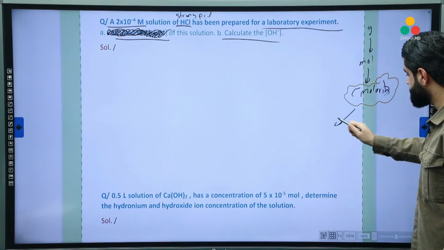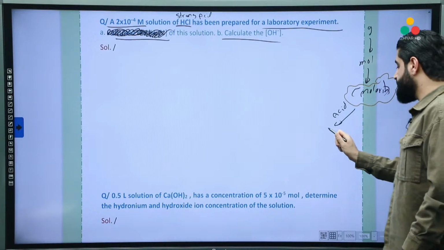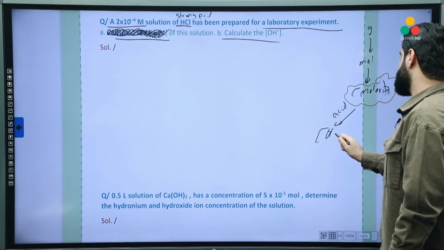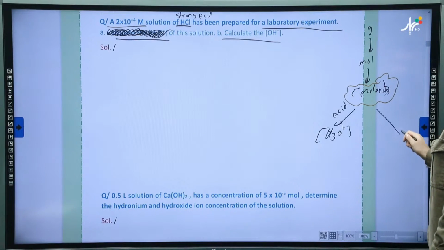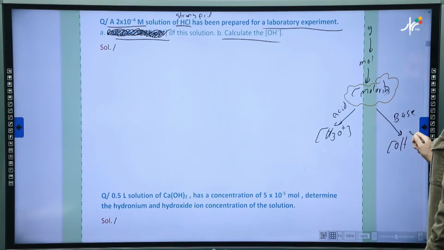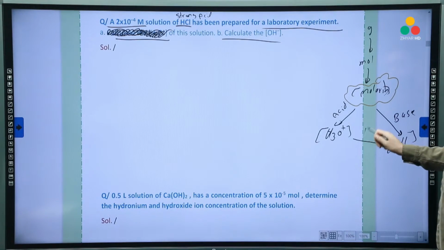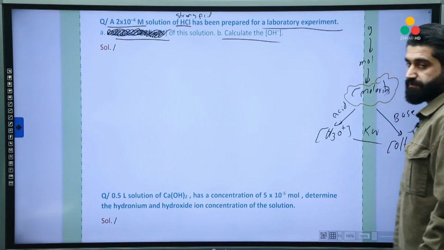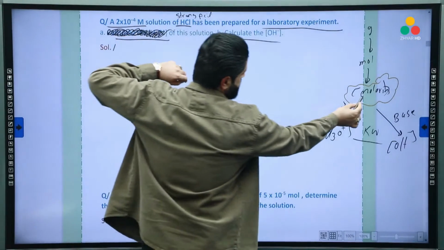If it's an acid, you have to calculate H3O. And if it's a base, you have to calculate OH. Then you can make a conversion between them using the Kw value.